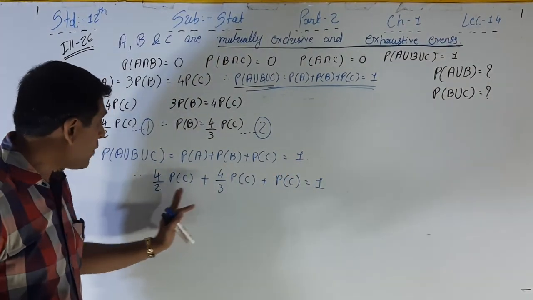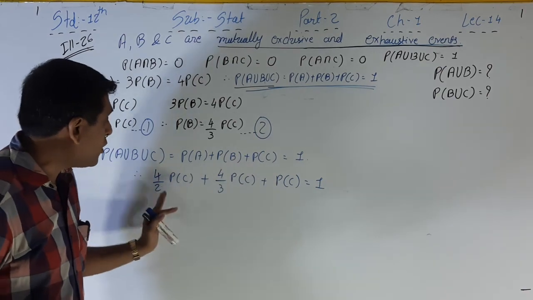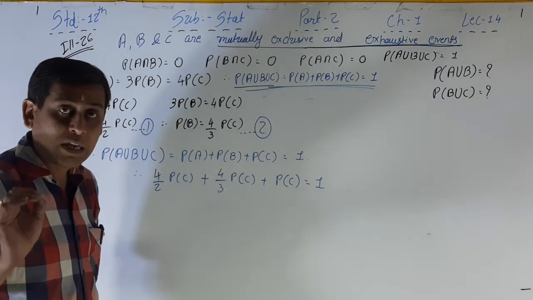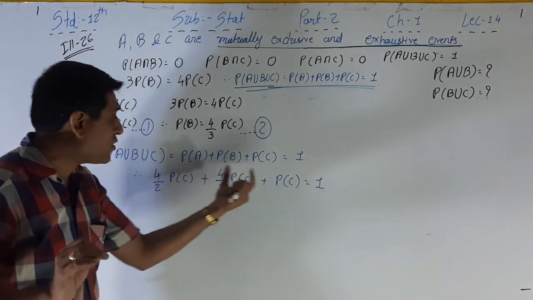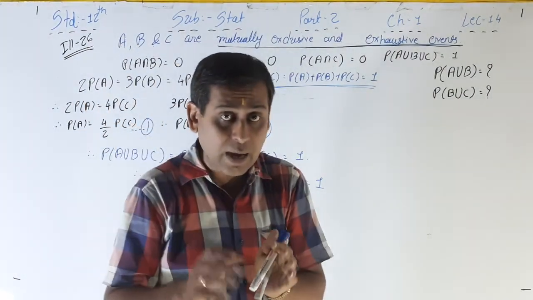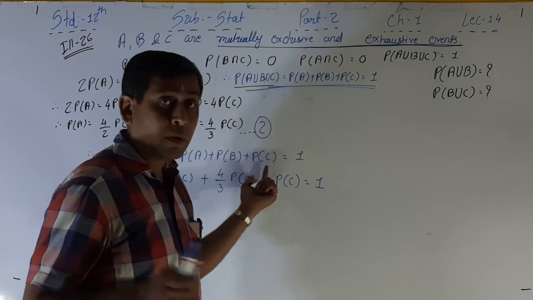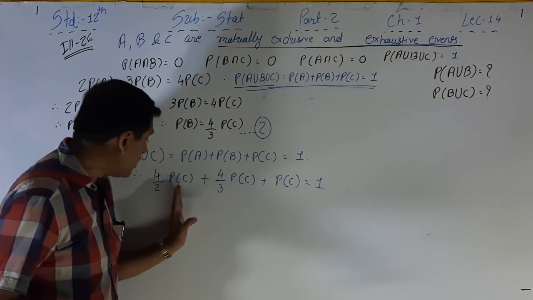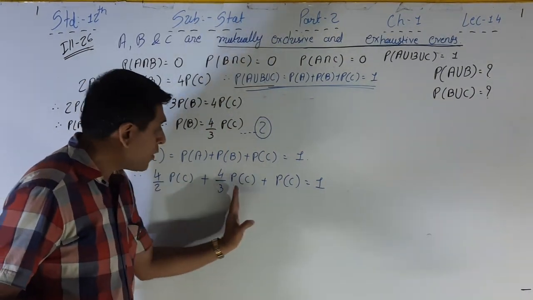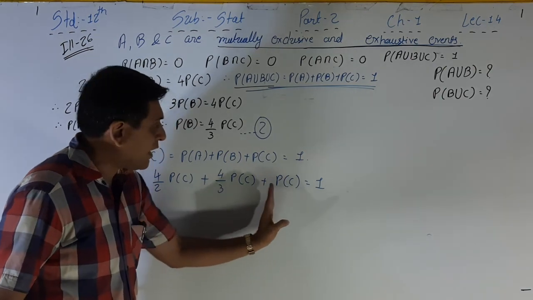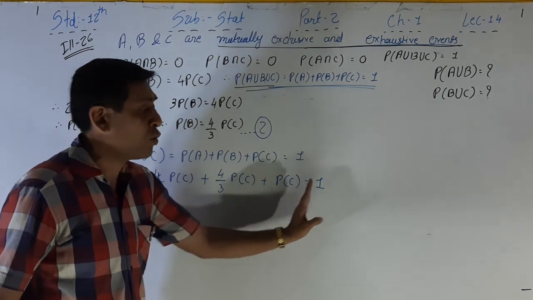Here 4 by 2 P of C, 4 by 3 P of C and P of C. In all the categories, P of C is there, that's why we can add them. Here we cannot add P of A, P of B and P of C, but now we can add, because 4 by 2 P of C, 4 by 3 P of C, and 1 P of C is equal to 1.